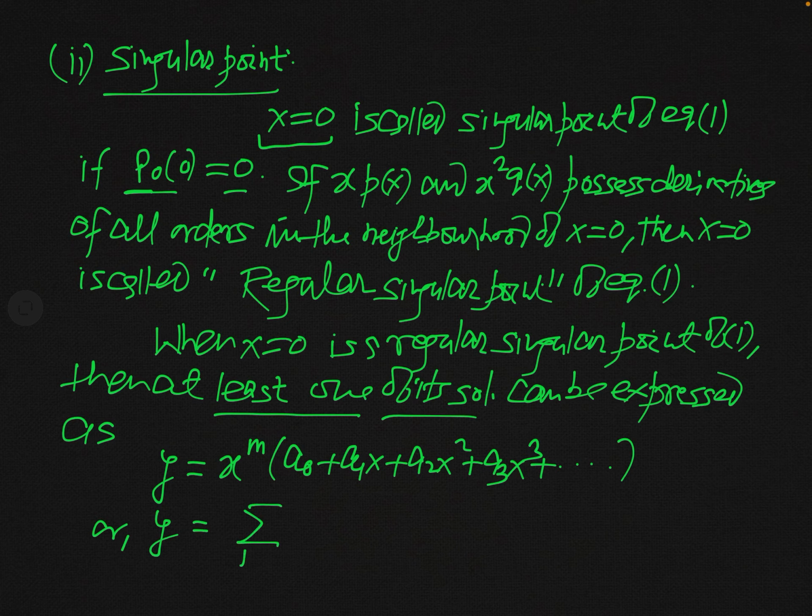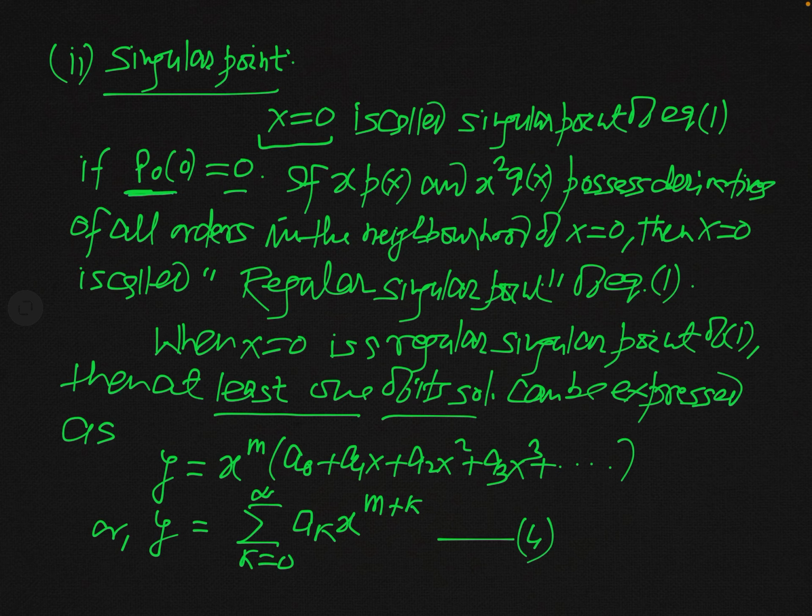Or in compact form, you can write this series in this way. This is summation over k running from 0 to infinity a_k x to the power m plus k.